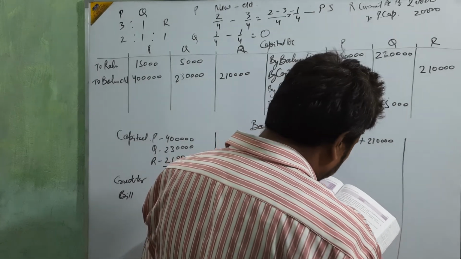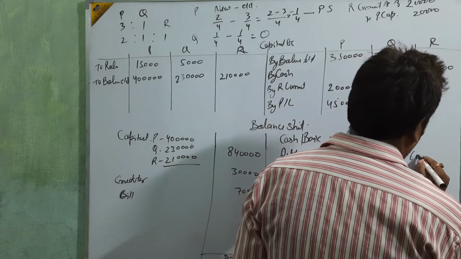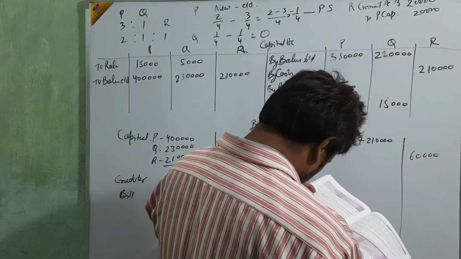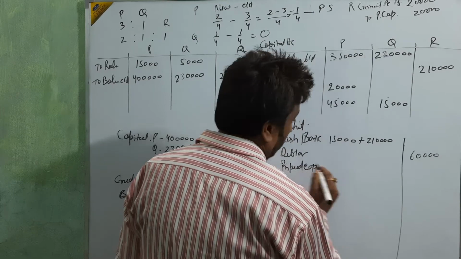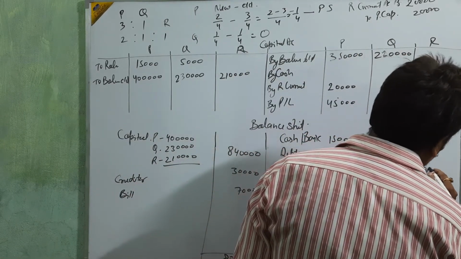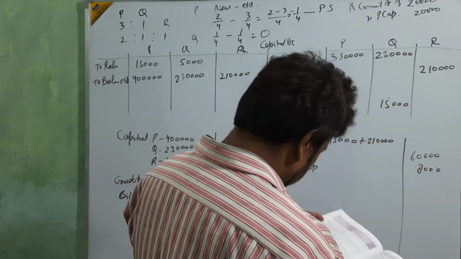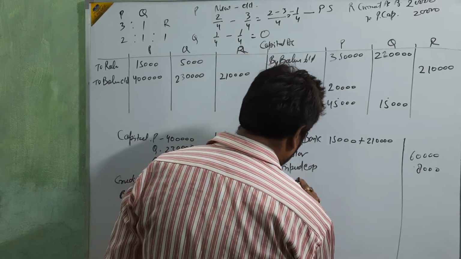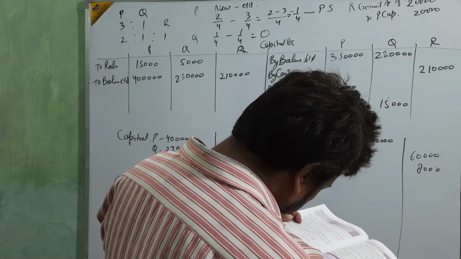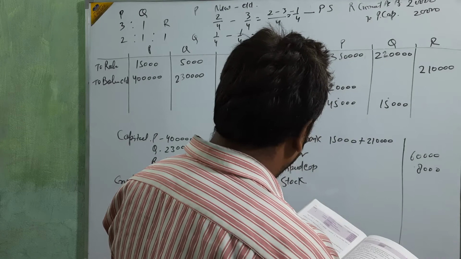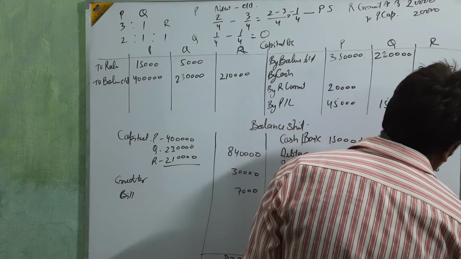Nothing is given about a provision for debtors, so directly take the debtors at 60,000. Next, prepaid expense: 12,000 less, so only 8,000. Stock: your total stock is 1,50,000, 6,000 less, so 1,44,000.